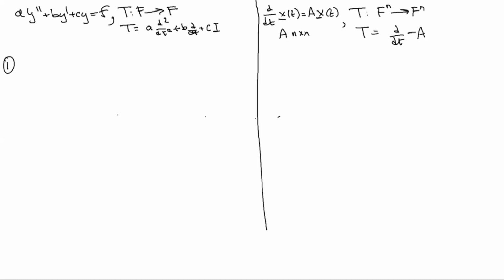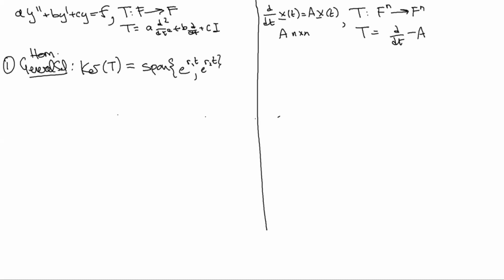We had three questions. First, we found that this is the kernel of T, the homogeneous solution, which was a span of some exponentials, or a span of some exponential times cosine.